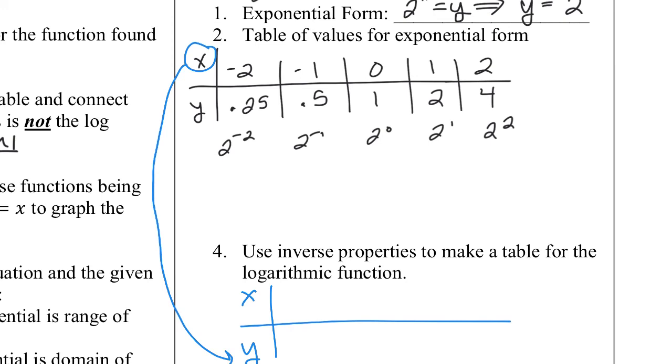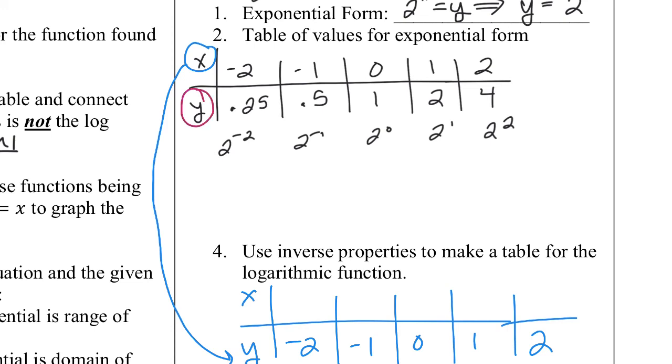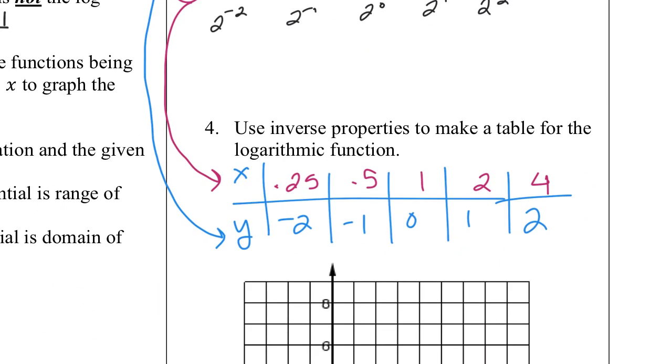So all of my y values will be -2, -1, 0, 1, 2. Then the y's for my exponential are actually the x's of my log. That's what inverses do. They interchange the x and the y. So the x's for my logarithm is 0.25, 0.5, 1, 2, and 4. Now we have the table for my logarithmic function.